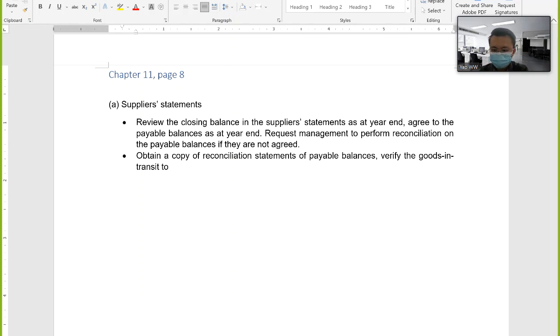So verify the goods in transit to pre-year end or post-year end. If you receive the goods after year end, then you must record the purchase after year end. Supplier also records the sales after year end. So your balances shouldn't be any different.